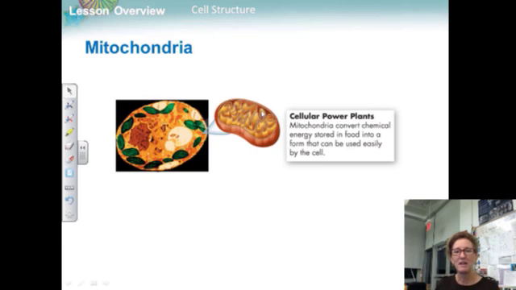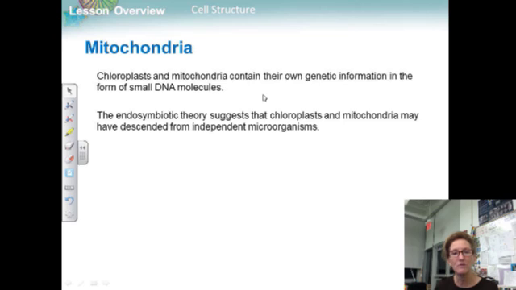So, chloroplasts and mitochondria contain their own genetic information in the form of small DNA molecules, which is really quite fascinating. They have their own DNA. Why would that be when you have a nucleus full of DNA? Well, there's a theory about that, and it's called the endosymbiotic theory.